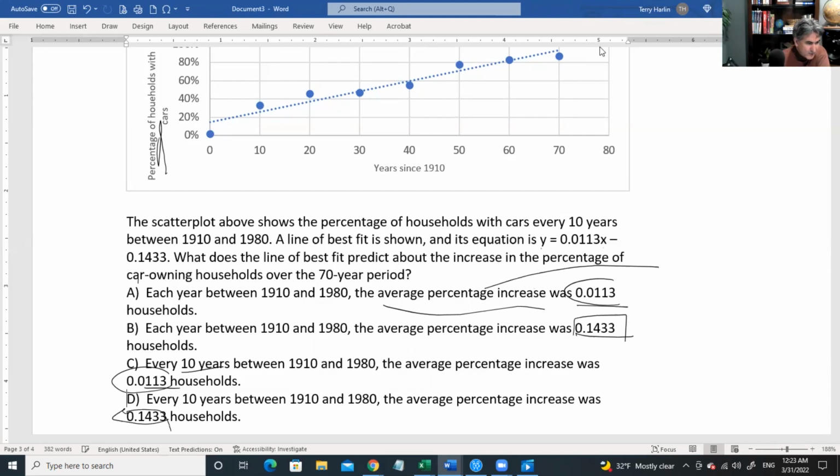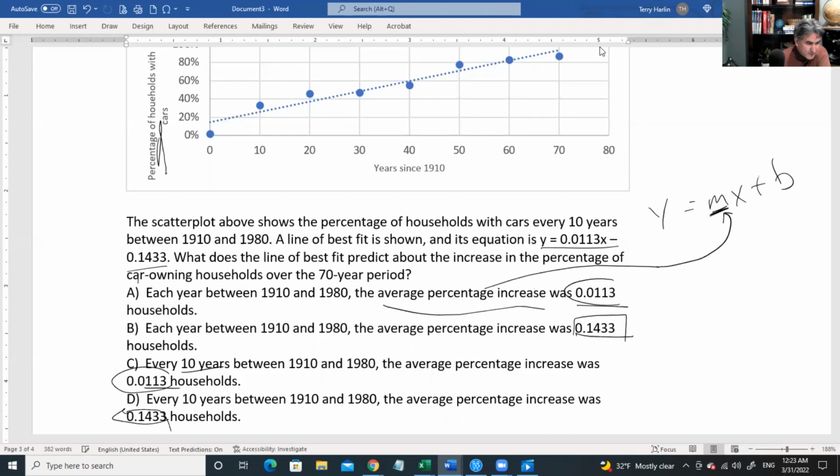If I'm looking at my equation here, which is obviously a y equals mx plus b equation, well, the rate of increase, or percentage increase, is going to be this right here, the average, the rate, my m.